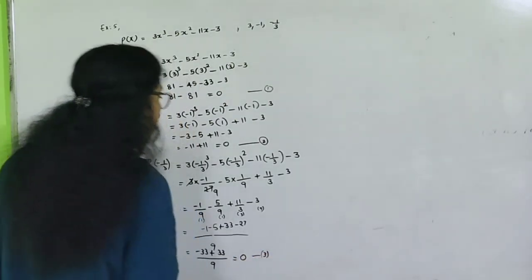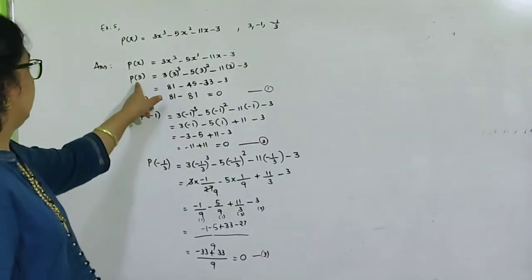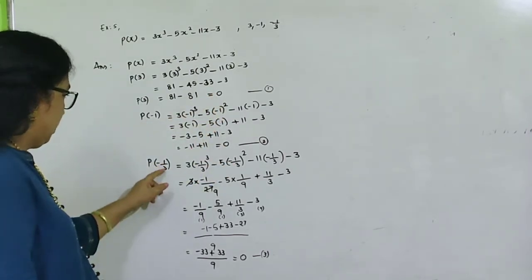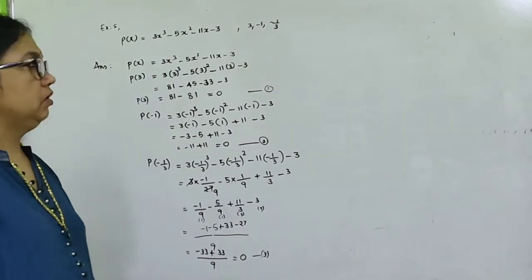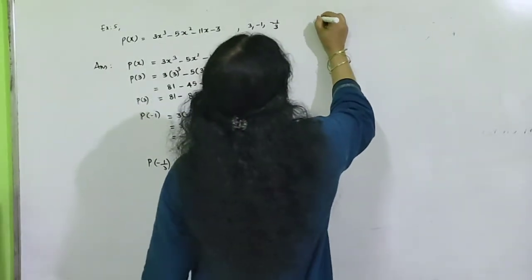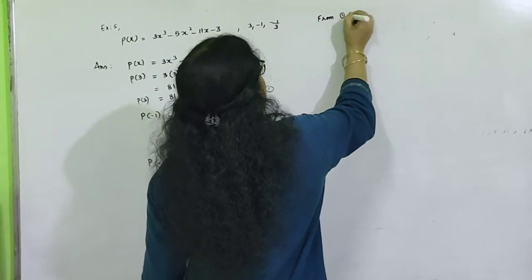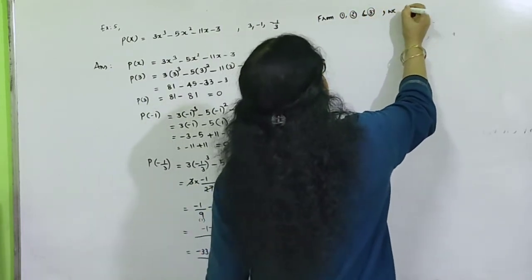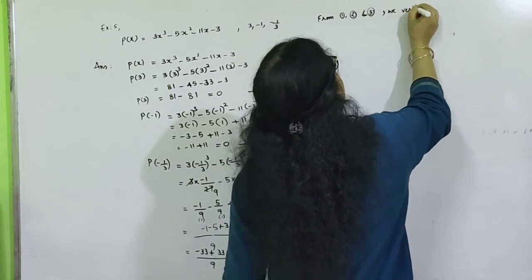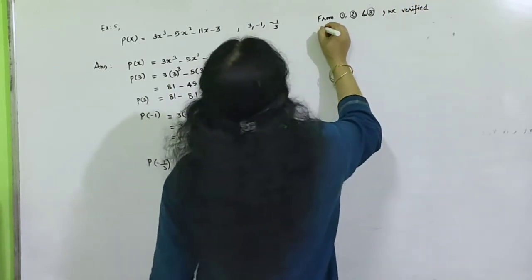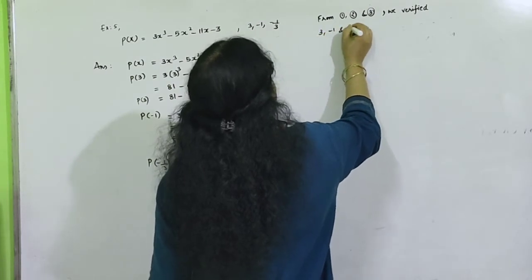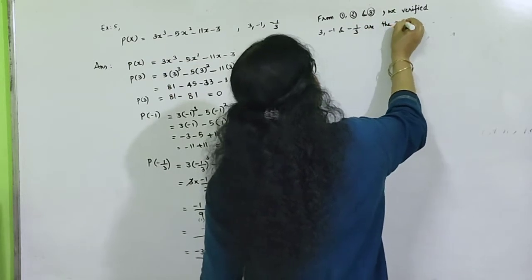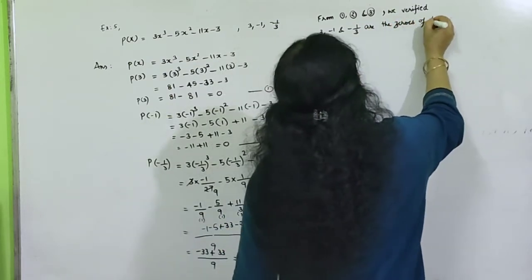So from 1, first P of 3 we proved it is 0. P of minus 1 we proved 0. P of minus 1 by 3 also we proved 0. So from 1, 2 and 3 we verified that 3, minus 1 and minus 1 by 3 are the zeros of P of x.